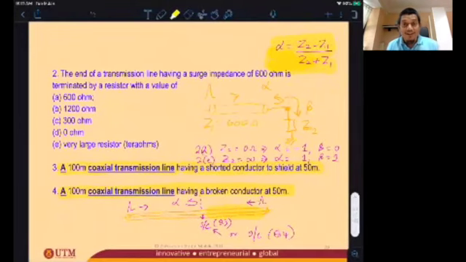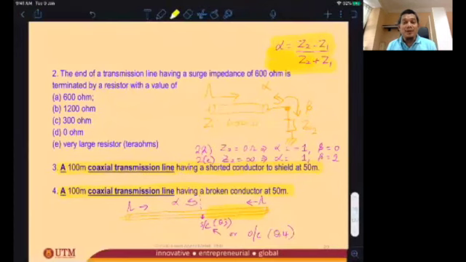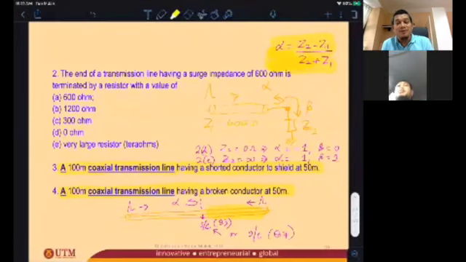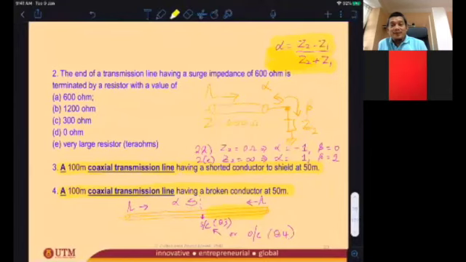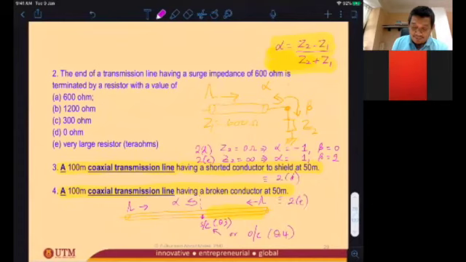Z2, you know already, as given by short circuit or open circuit. So we don't bother about the impedance, because in the end you still get the answer. So the answer is this one, same as 2D, and this one same as 2E. If you do the calculation, you get the answer.